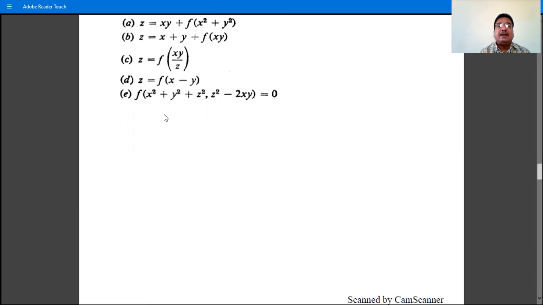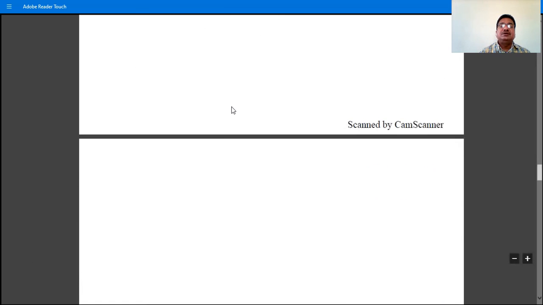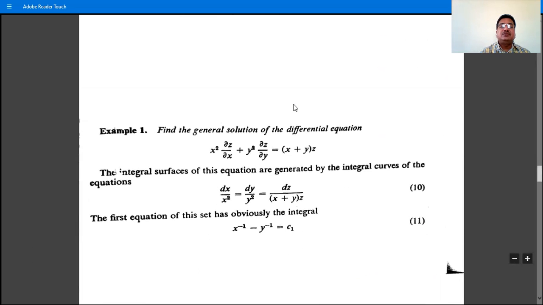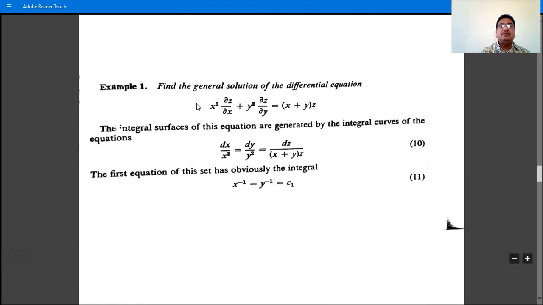Okay, and substitute the values of that Jacobian, we have the answer. So this is the problem of the type f of (u, v) is equal to 0. So use that standard formula to obtain the corresponding partial differential equation.